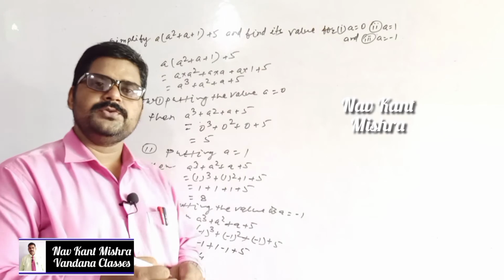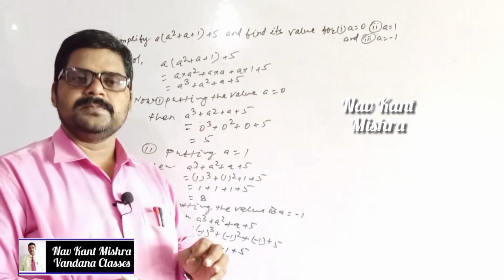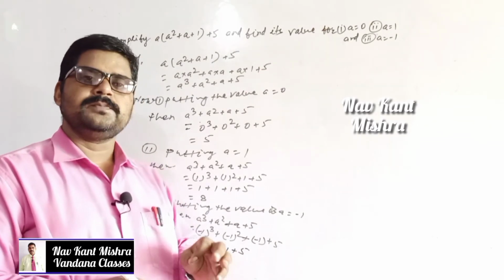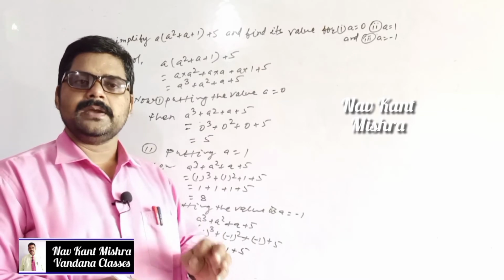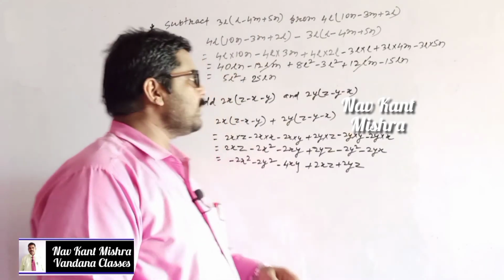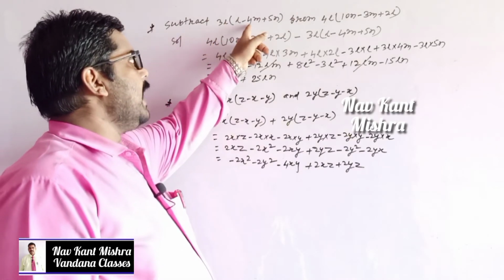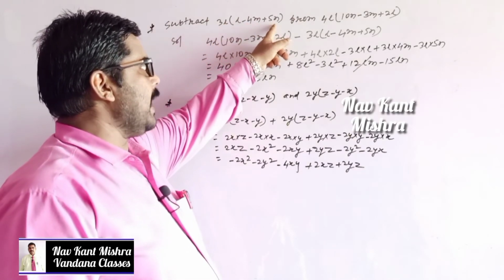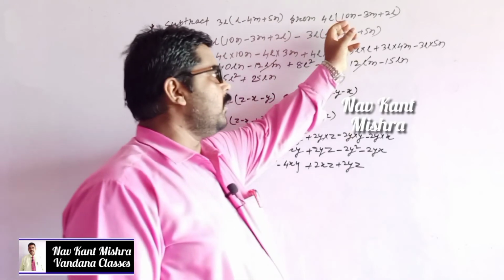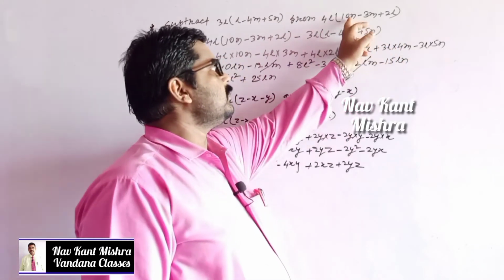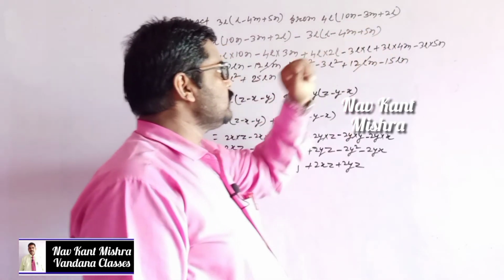This type of question, at first you have to simplify, then you need to put the value that is given in the question. My dear student, you can just see that you need to subtract 3l into l minus 4m plus 5n from 4l into 10n minus 3m plus 2l.